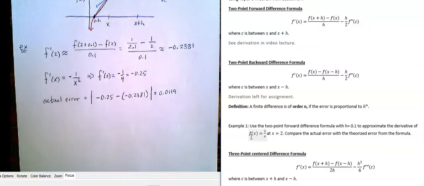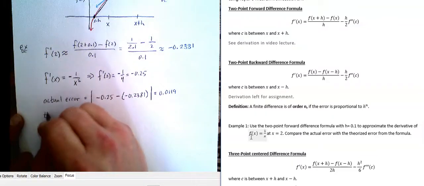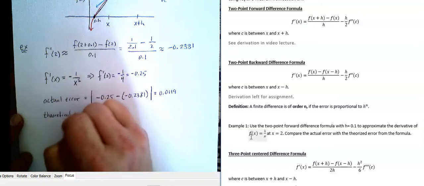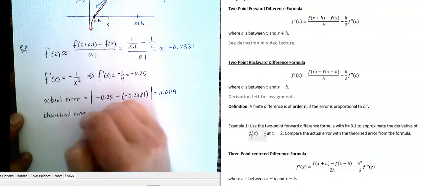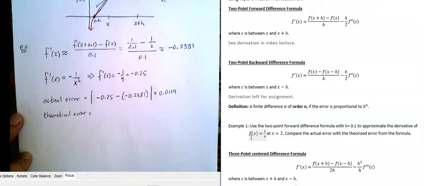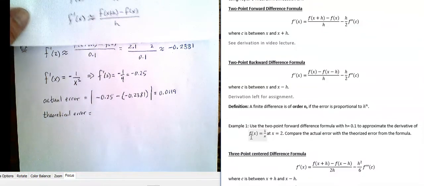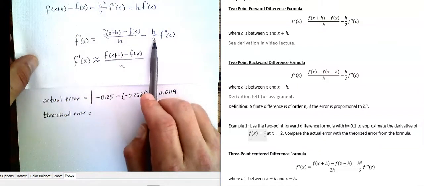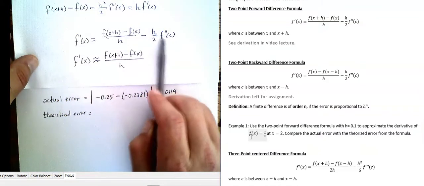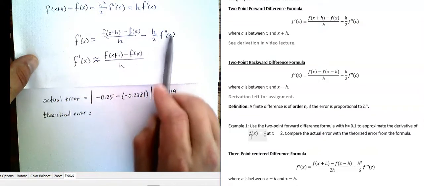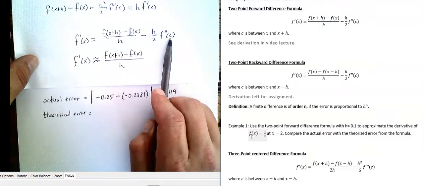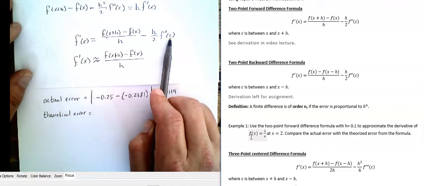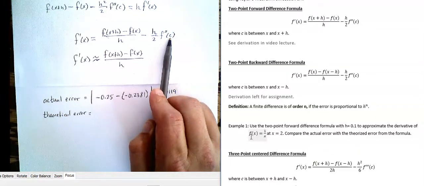Now let's look at the theoretical error. The theoretical error is equal to, well, let's look back at our error term here. You notice our error term is h over 2 times the second derivative at some c value within the interval x to x plus h, right?